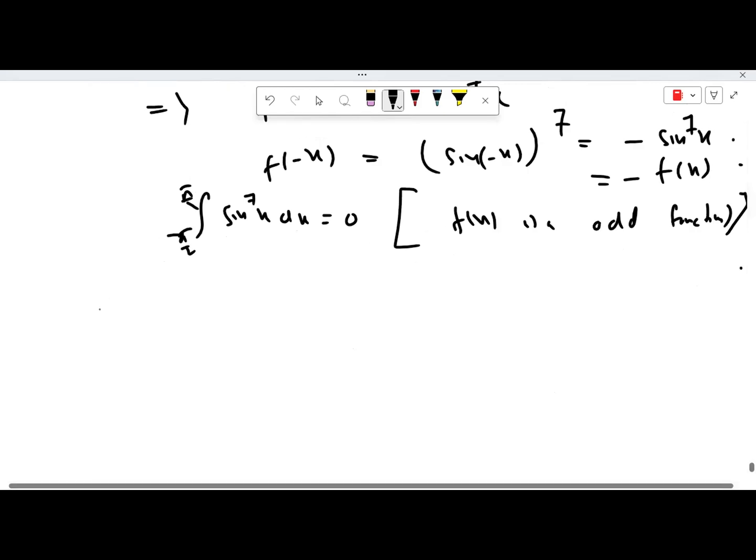One more question. Integration minus pi by 2 to pi by 2 sine square x dx. Okay.